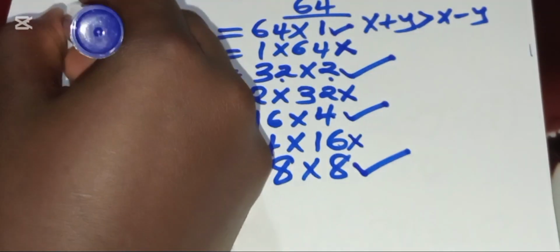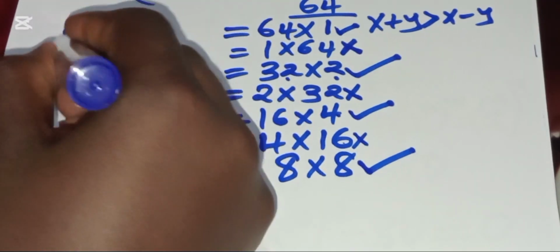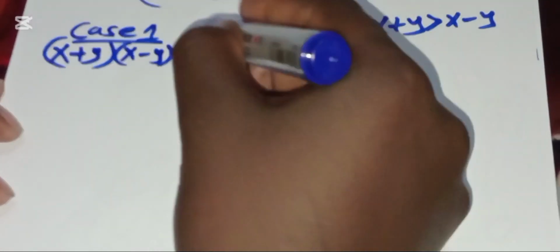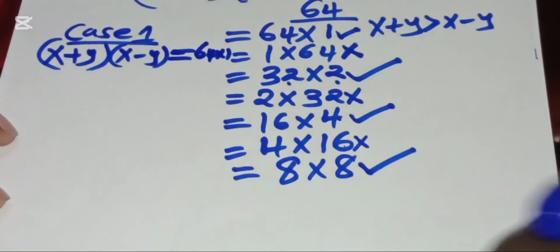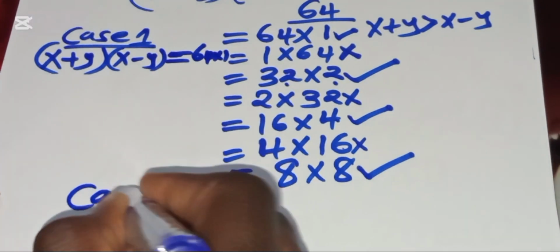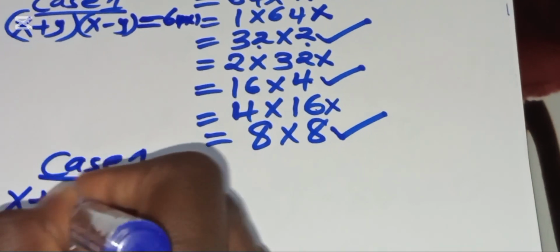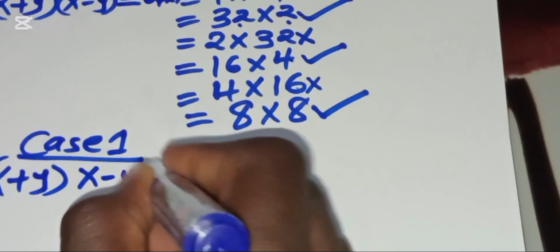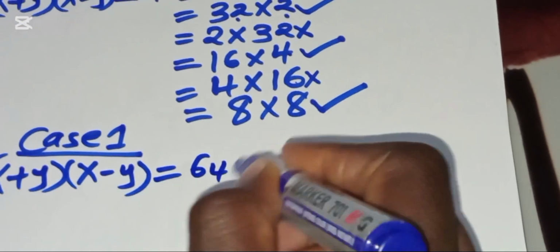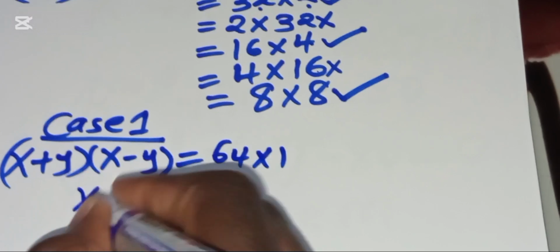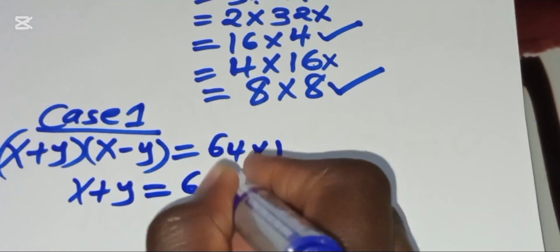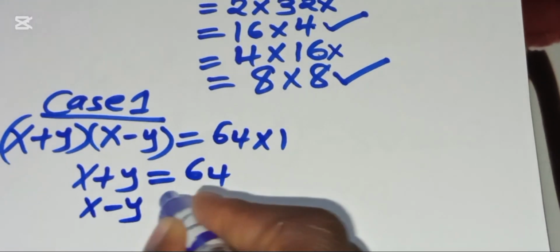We have 4 cases. Let's call this one case 1. We have that (x plus y)(x minus y) is equal to 64 times 1, whereby x plus y is equal to 64 and x minus y is equal to 1.